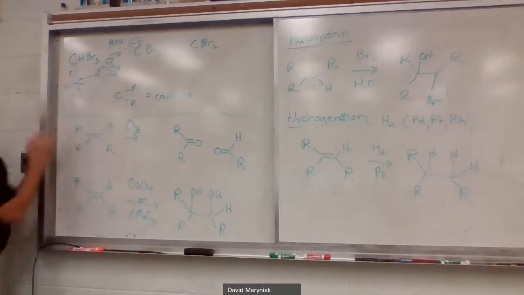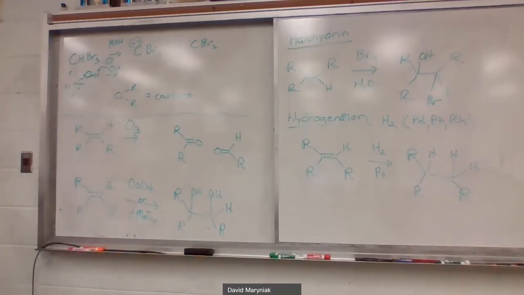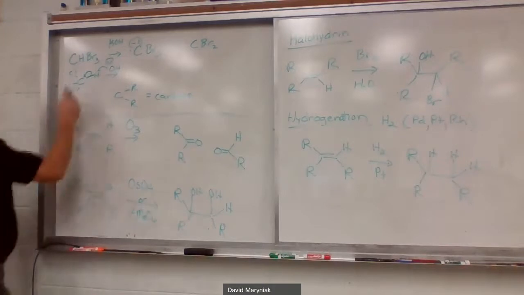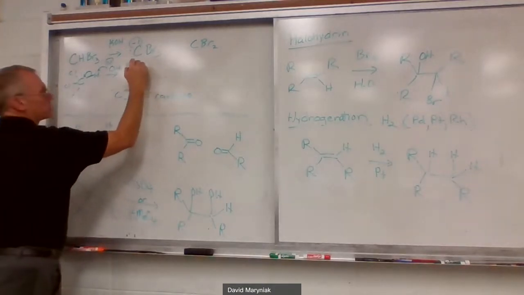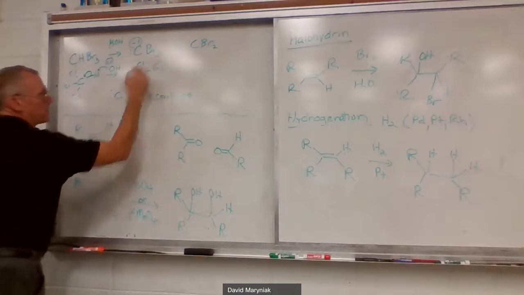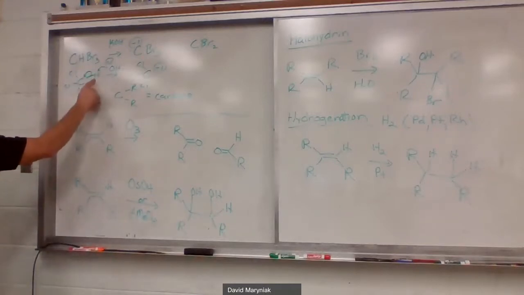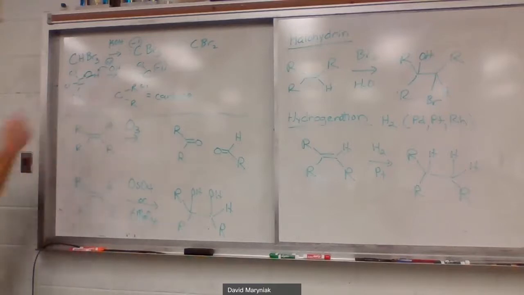And that means that base can grab that H, and those electrons can go back to the C. And then you have that C, which has 3 Cl's and an extra pair, so it's thus a negative charge. And of course, this H as a proton on OH makes water.